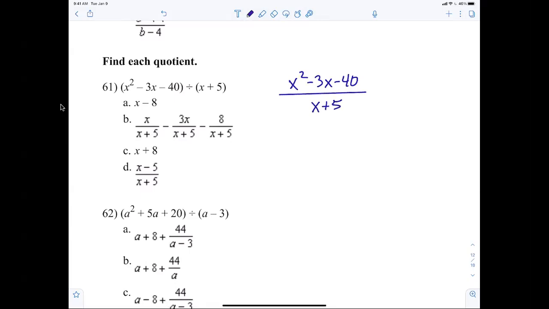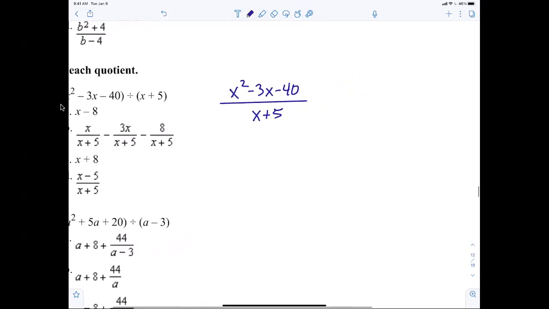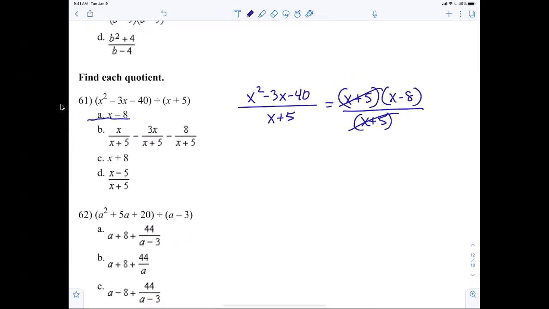Now, we can do long division, or we can just say, hey, that just factored. x plus 5, x minus 8. x plus 5 cancels. You could also do times, and then 1 over that. That's exactly correct. Very good. Either way, it's perfect.